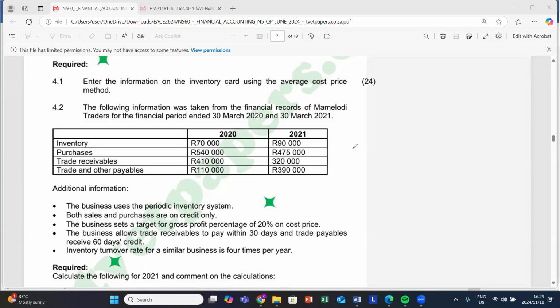So we're going to say cost of sales. Our cost of sales is always 100%. And then our sales, we know that it's 100% plus our markup, so our sales would be 120%. And then gross profit is 20%. And then we are going to use that formula where we say amount times what I want over what I have.